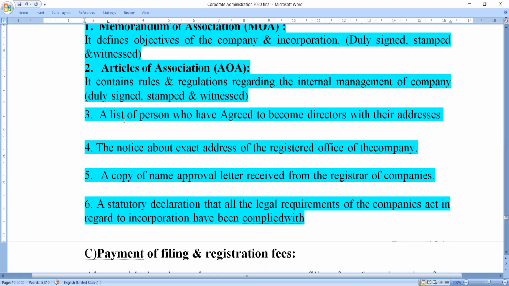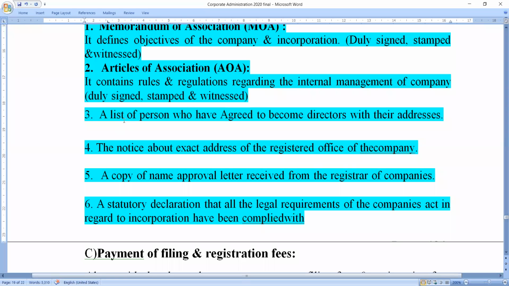What is the minimum qualification of the directors? The list of agreed directors, the name and address of the directors, we should prescribe in a specified document. That document is also provided to the registrar. This is the third document, details regarding the directors with their address.